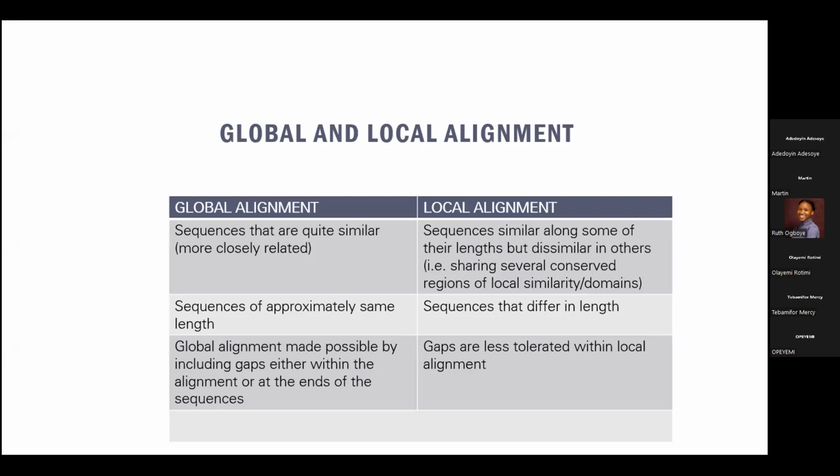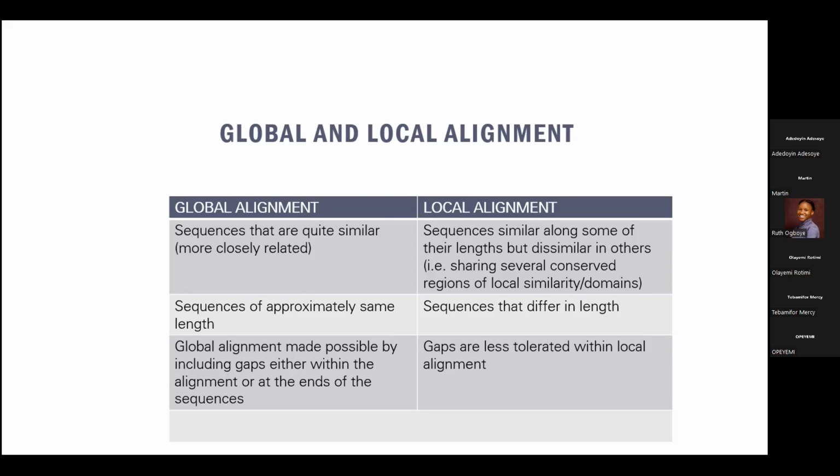Global alignment is better used with sequences that are more closely related, sequences that are quite similar to each other. For local alignment, sequences don't necessarily have to be similar throughout the length. So long as they are similar along some of their regions, because you're not doing the whole length for local.